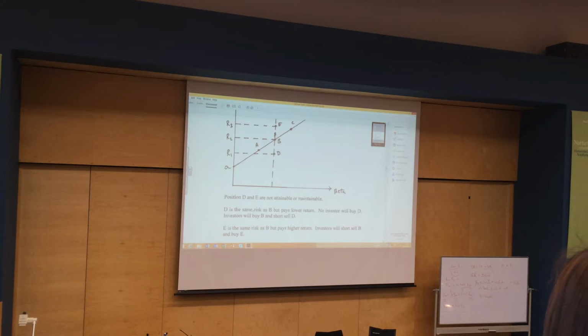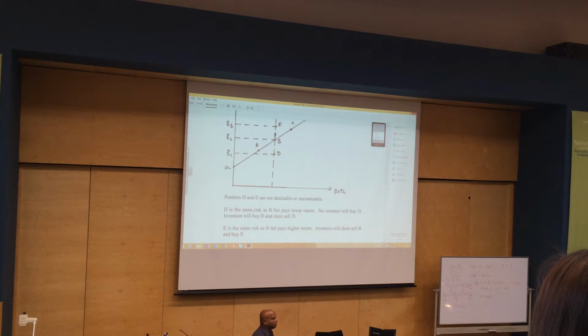Every broker will notice that this asset has the same risk as other assets, but is giving higher return for some reason. It's fallen off the line. Every broker will buy this. Every company will try to grab it. And the price will shoot up for this asset and will come down to D.